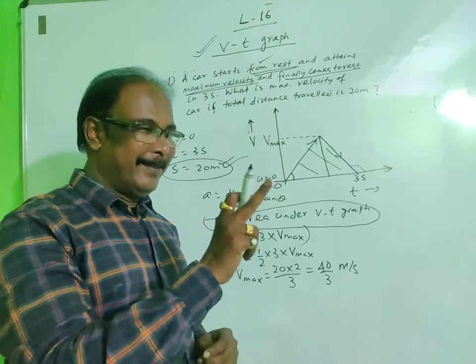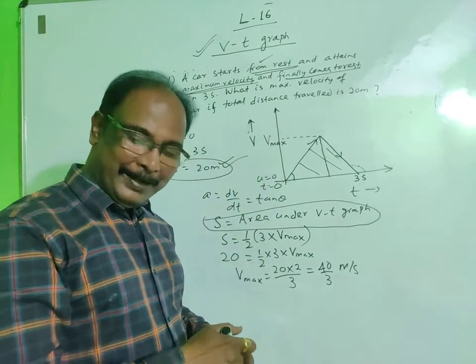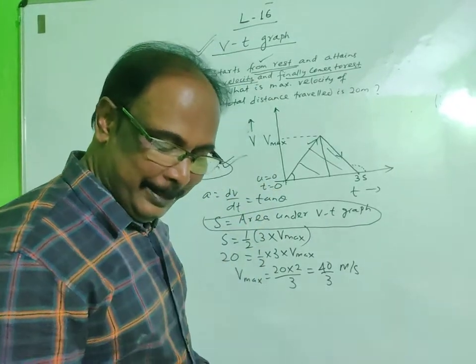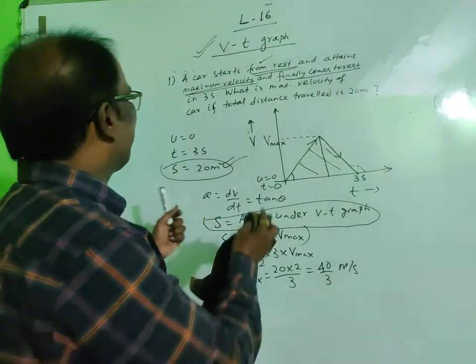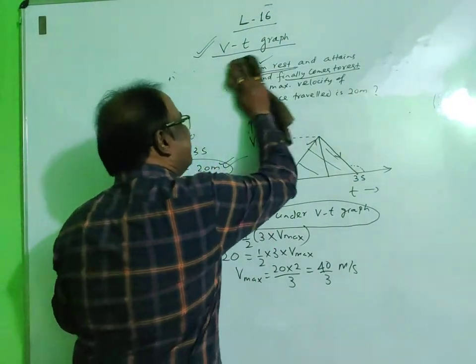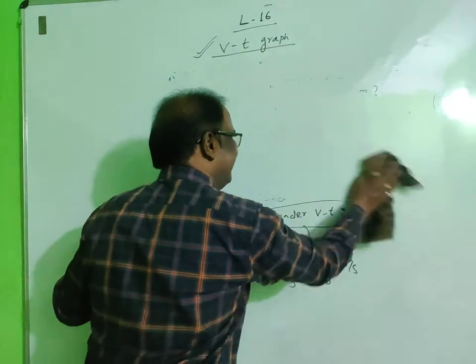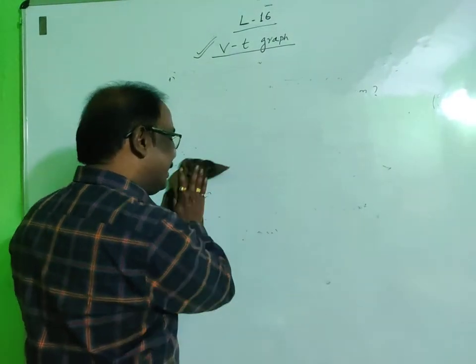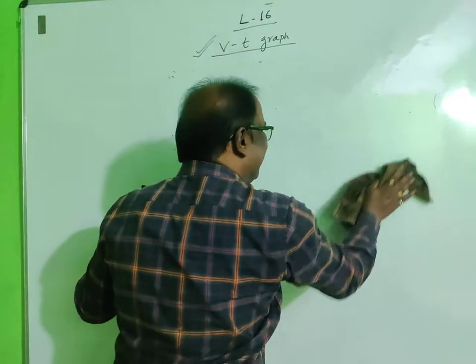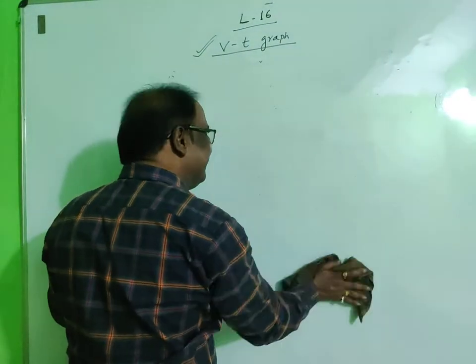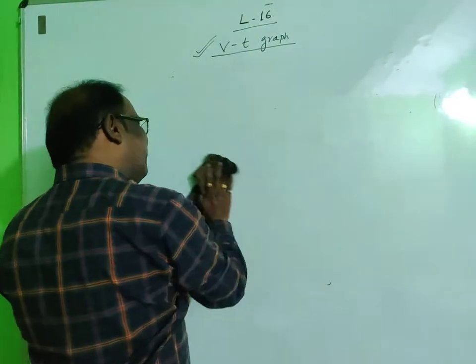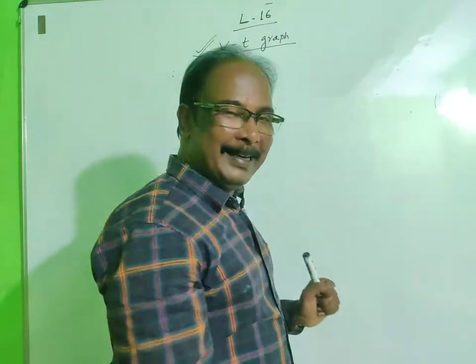Okay, fine. Then next question. Question number 2. Let me see what is the range of questions you are asking, and I am happy. The first one is a fundamental question.